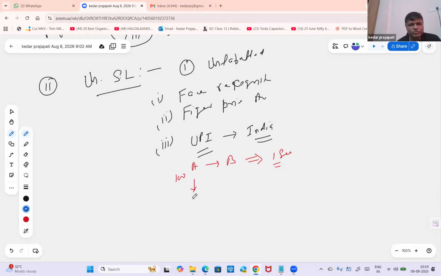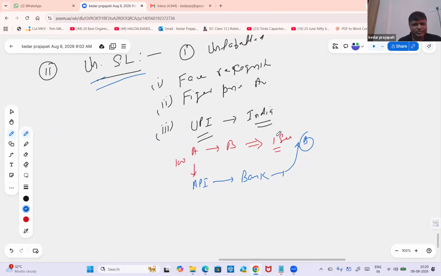It goes to your API gateway, and from there it goes to the bank. The bank is closed, but it will say that there is some balance. If the balance is available, it will authenticate and authorize, and then the payment goes to B. All of this is like unsupervised learning. There can be lakhs of algorithms here. We'll do many as part of our projects.